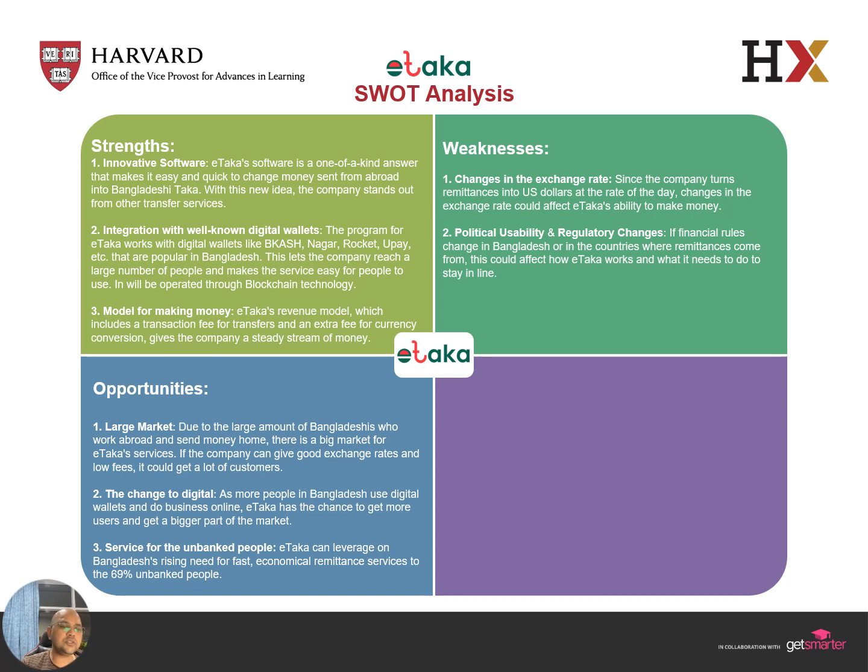It all changed to the digital. The maximum time will be 5 to 15 minutes to complete a transaction through the blockchain technology. Service of the unbanked people opportunities. It was 69% in 2021 according to World Bank data, but in 2022 it's 60% unbanked people, as I told earlier.